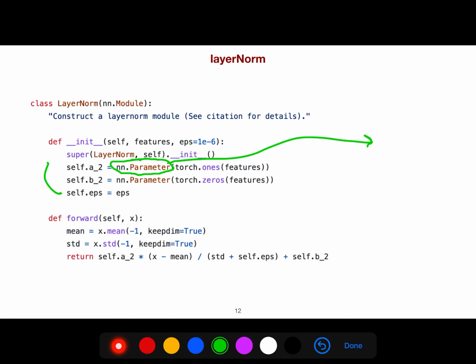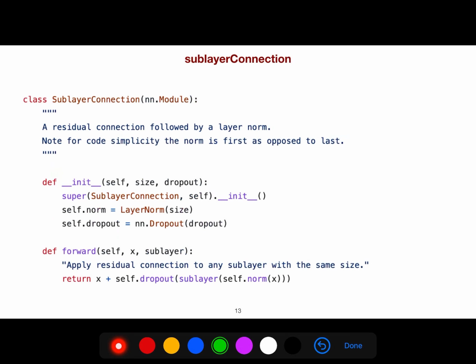And when we forward that, it's just normalization: x minus the mean, divided by the standard deviation plus epsilon. And what is a sublayer connection? I've explained it in my lectures, if you watch my lectures on transformers in the deep learning projects playlist, I guess. I have explained it in several different lectures.